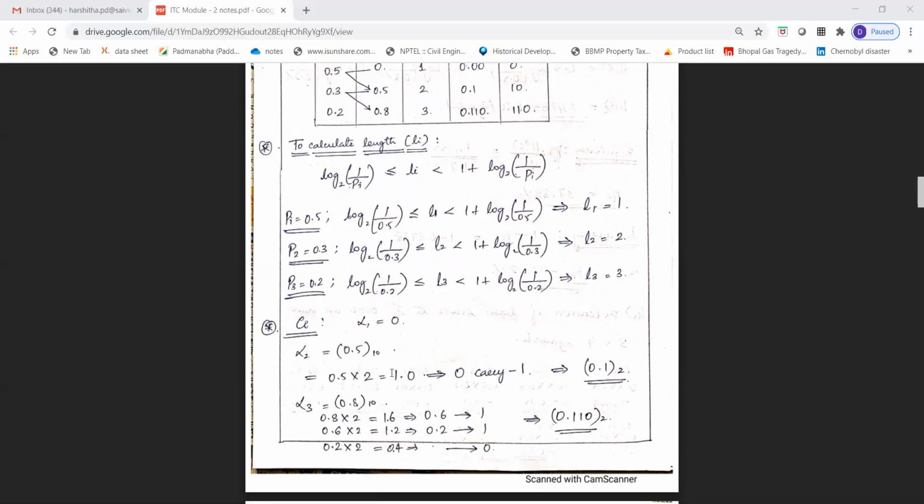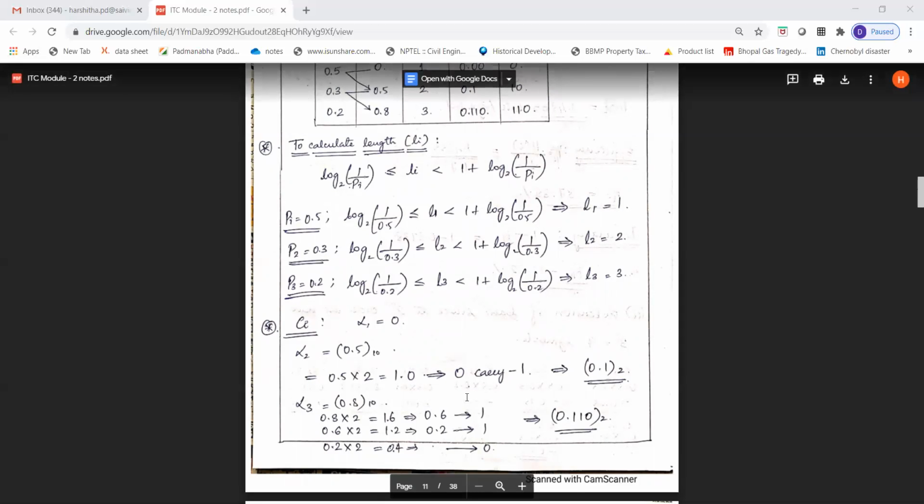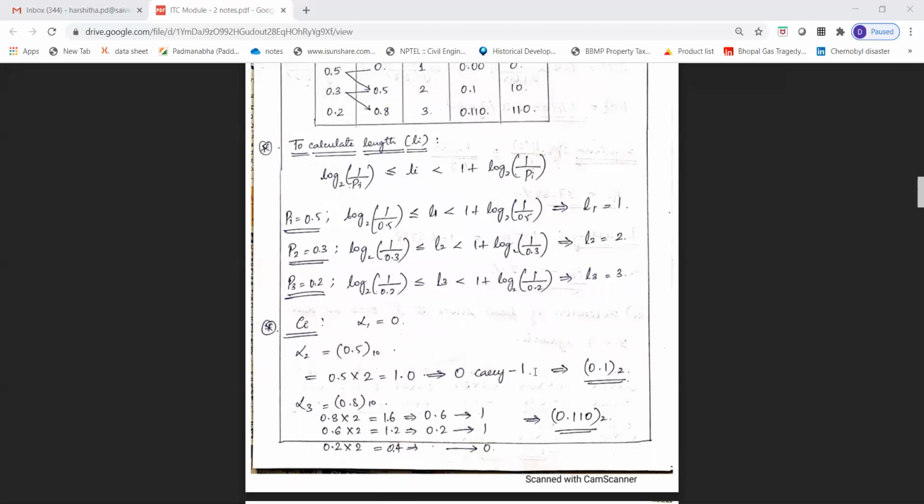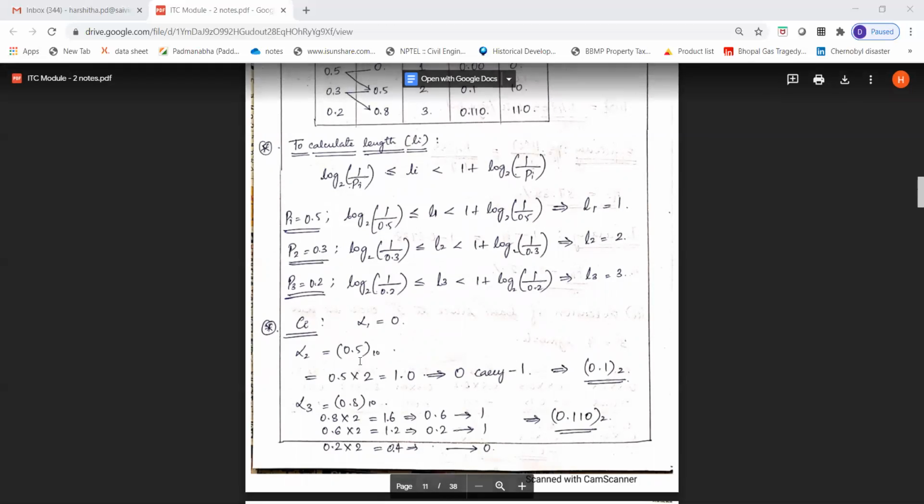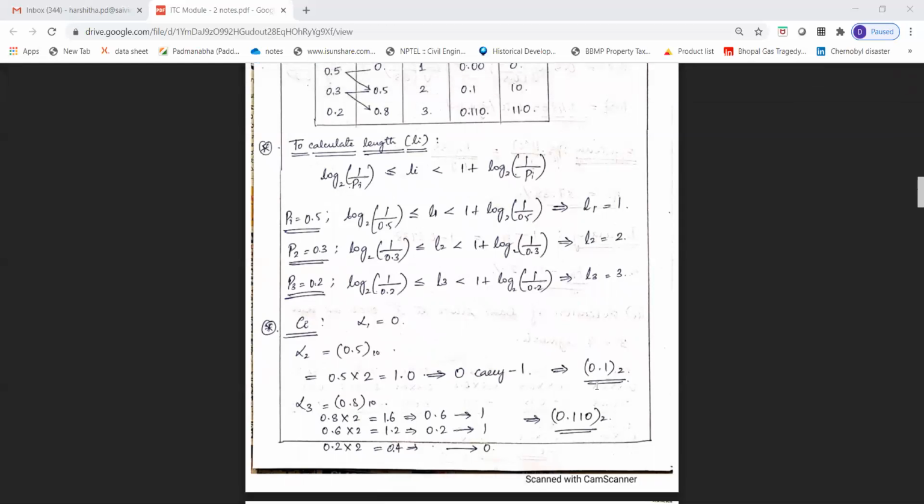This 1 here is the carry, and the answer is 0. So 0 with carry 1 is the final answer. This 1, that is the carry, is the binary value of this 0.5 in decimal. So I'll write 0.1 with subscript 2 because it is in binary.